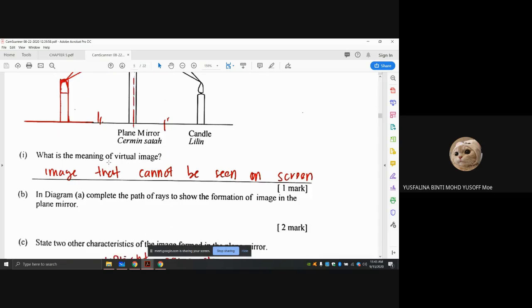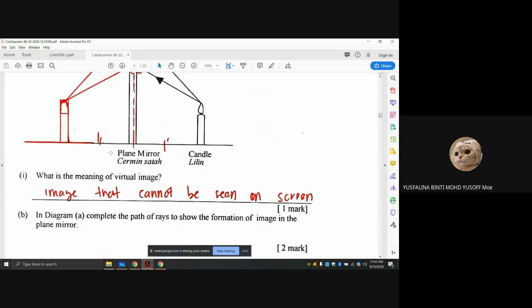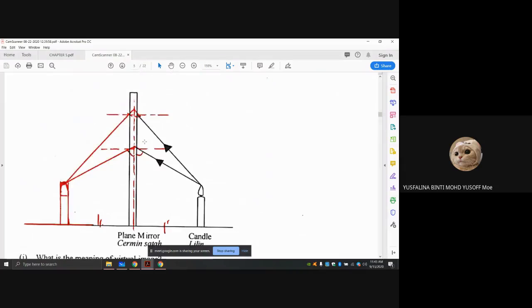And then for question B, in diagram A, complete the path of rays to show the formation of the image in the plane mirror. The first one, they already give you the image here. I make the line longer because it is not enough. From here to here is the given line.